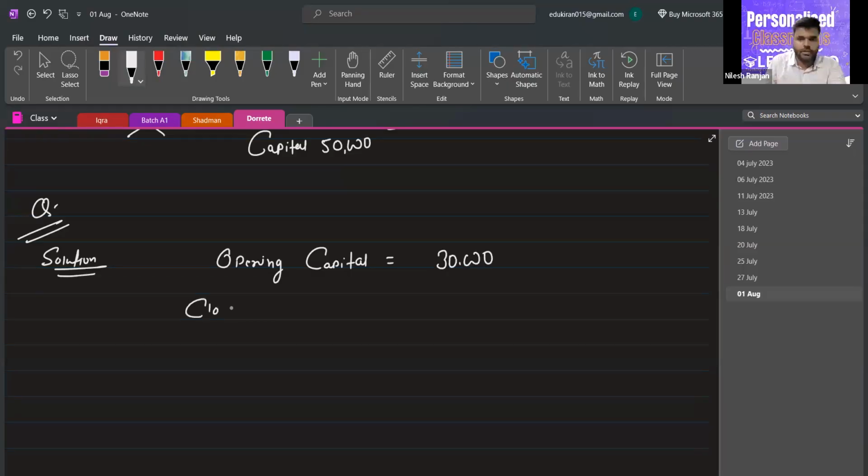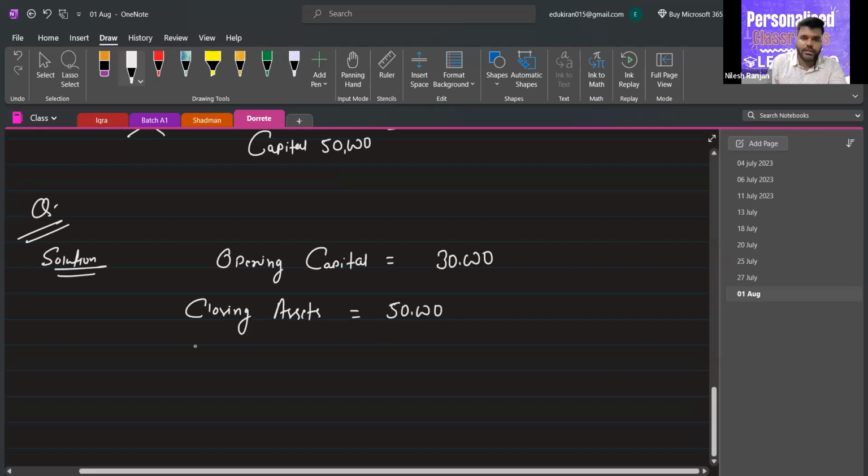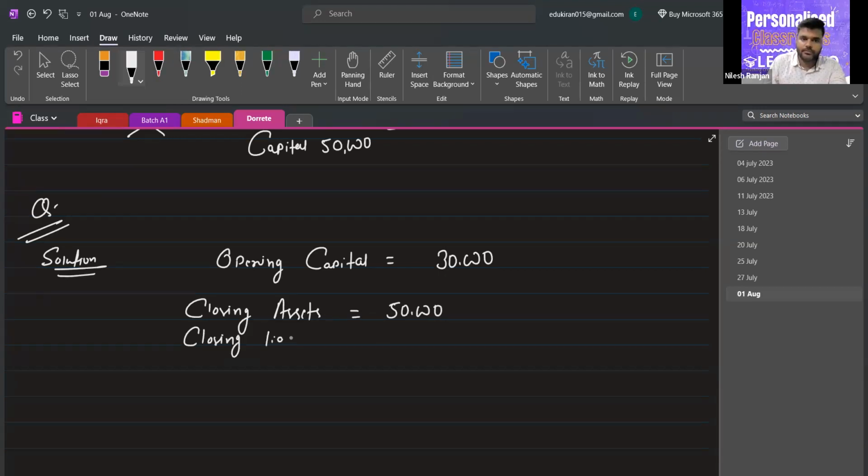Now closing assets equals 50,000 and closing liabilities is 10,000. Okay. Is this clear? Yes, sir.